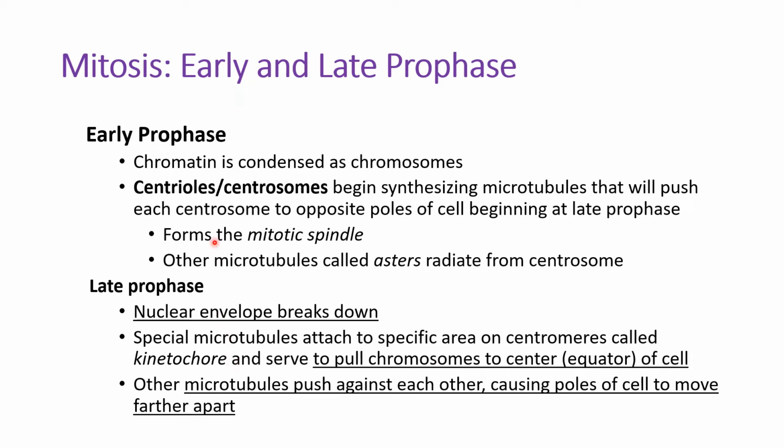But first we need to get our mitotic spindle fully formed, we need to get our nucleus broken down, and we need to have these microtubules continue to push against each other as they grow. Remember, as the microtubules grow longer, they push on each other, and they end up pushing the centrioles apart. So what really characterizes late prophase is that you're now starting to see these poles moving to opposite sides of the cell, and we have our nucleus breaking down.